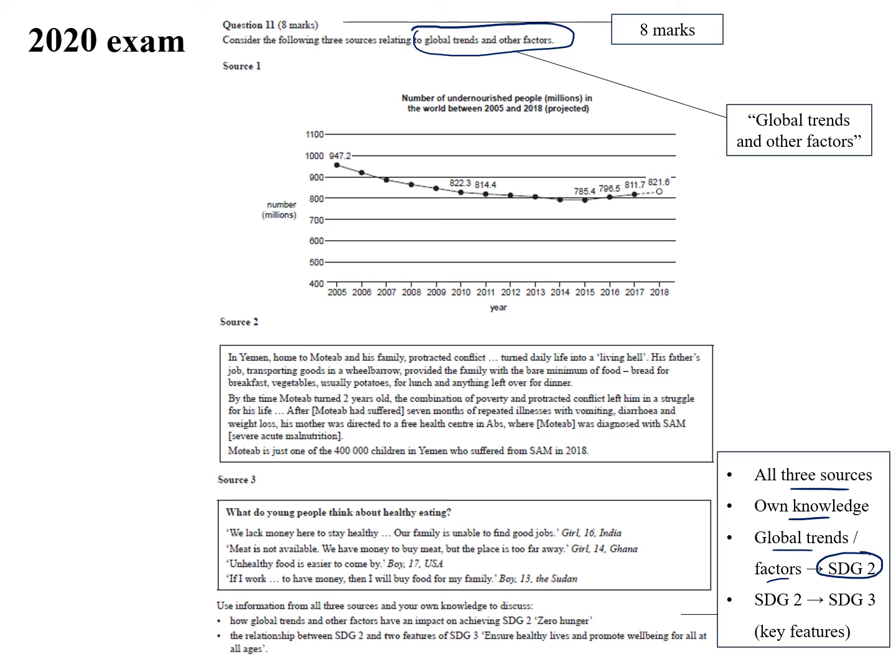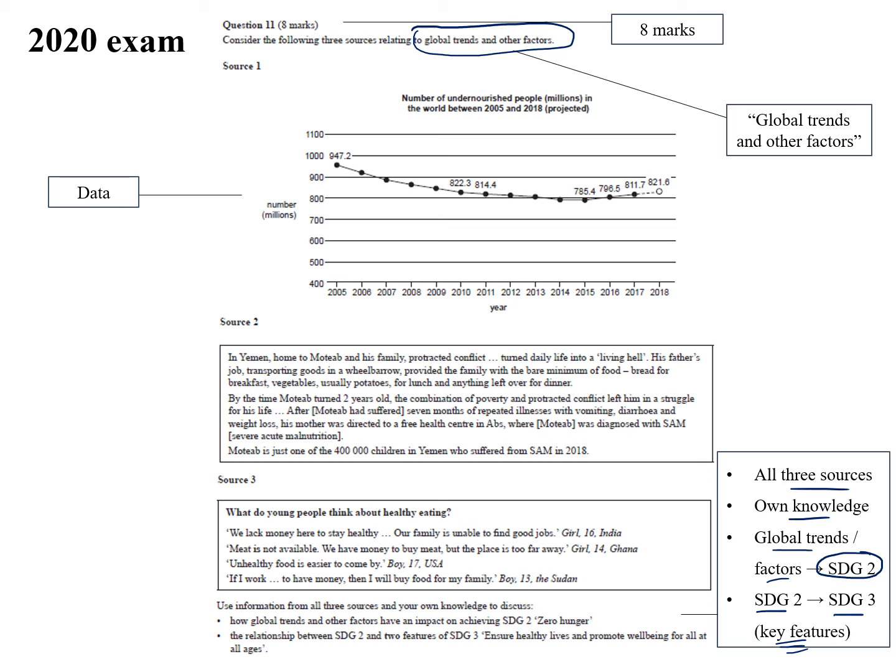And then it's asking me to link SDG 2 to SDG 3, and that needs to be in relation to those key features. So they're the things I need to be looking for as I'm reading through all of these sources. Okay, it's not an easy thing to do. It's a lot of different information that you're trying to analyze.